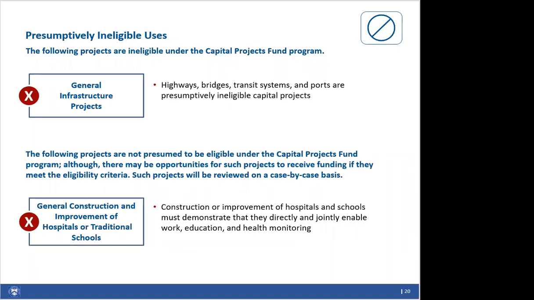There may be opportunities for such projects to receive funding if they demonstrate that they directly and jointly enable work, education, health monitoring, and such projects would be reviewed on a case-by-case basis. Treasury also encourages recipients to look at this funding in tandem with other ARP programs, including the state and local program, which has a more varied set of eligible uses.